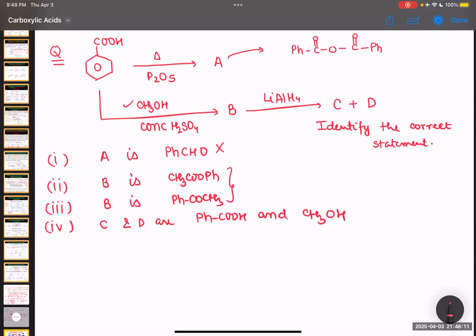Just look at them. This is PhCOOCH3, let me write it, and that is CH3COOPh. Ph is the phenyl benzene ring. So which ester are you going to end up with? You have taken methanol and benzoic acid.